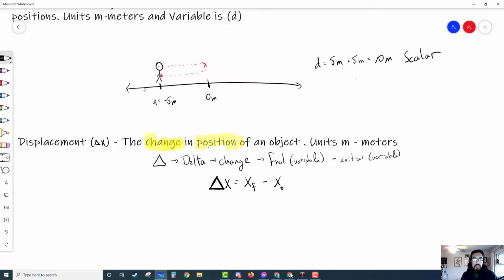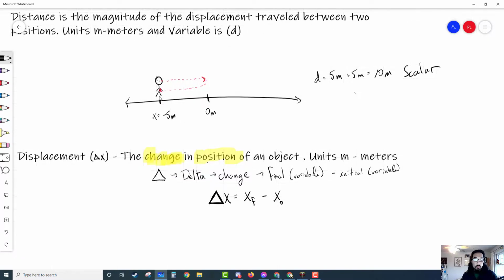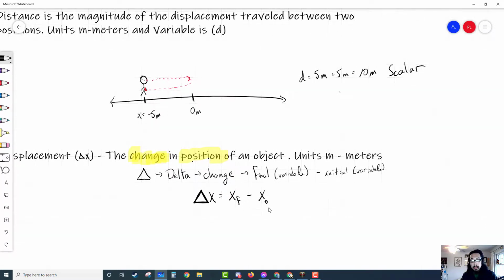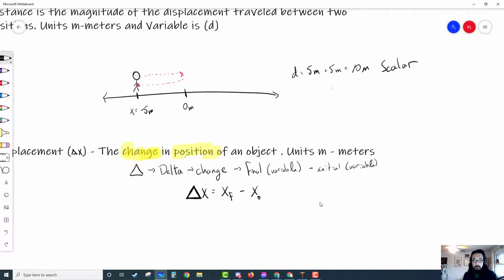So if we take a look at the original scenario above, where I traveled 5 meters to the right, and I go back to my original position. If I were to use my equation for the above scenario, we can say my final position was -5. Oh, by the way, this is a vector. -5 minus my initial position, which was -5.